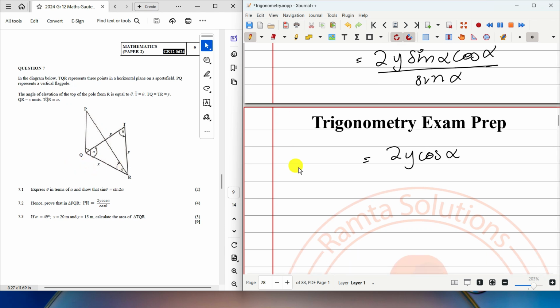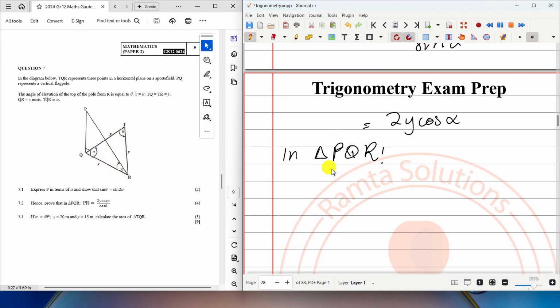Proceeding, in triangle PQR, we are looking for PR. PR is the hypotenuse, and we have this side here, which is adjacent to this angle theta. Adjacent and hypotenuse is cosine.